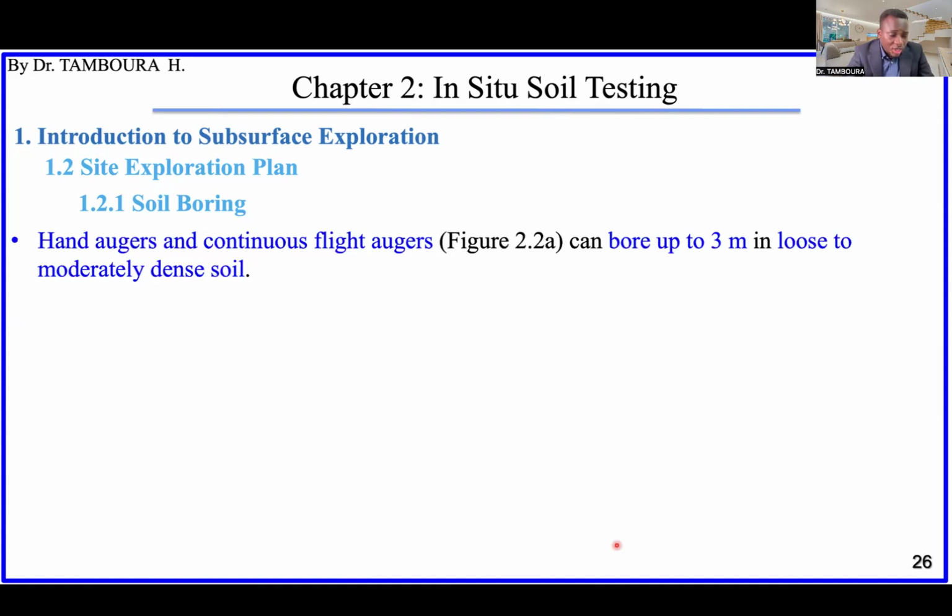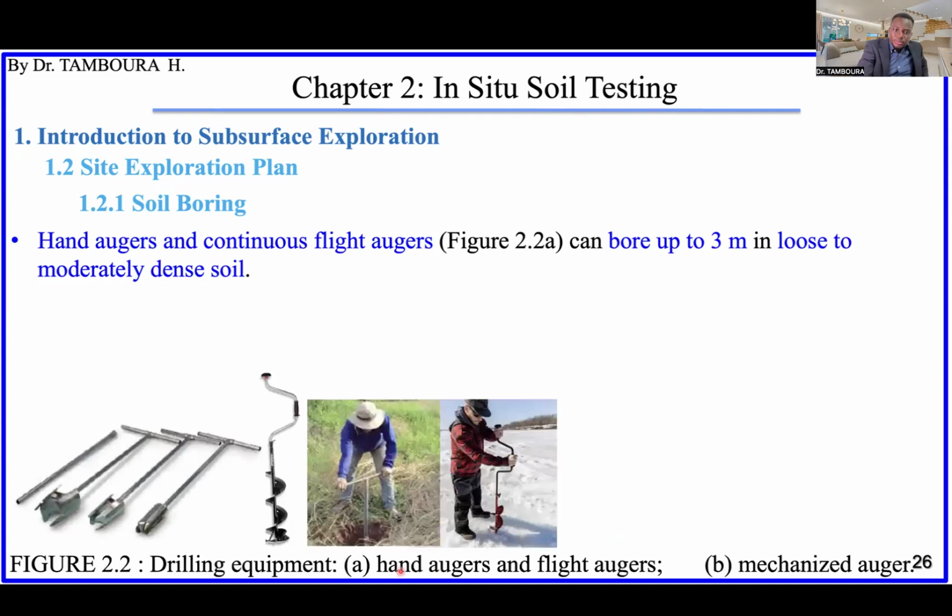Let's now talk about the different types of boring methods. We have hand augers and continuous flight augers. There are many types. You can use this just by hand, doing this or this kind of thing.